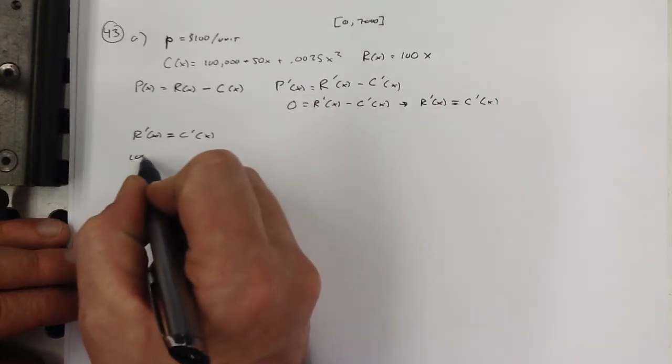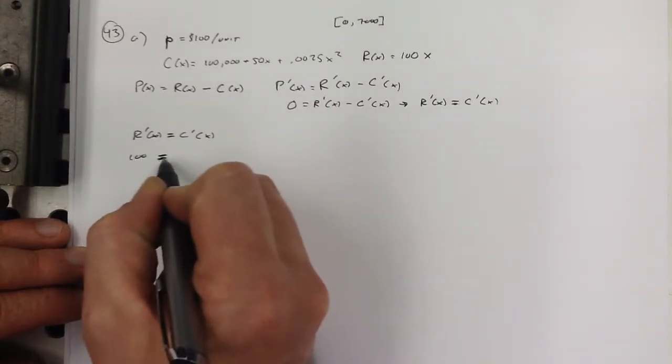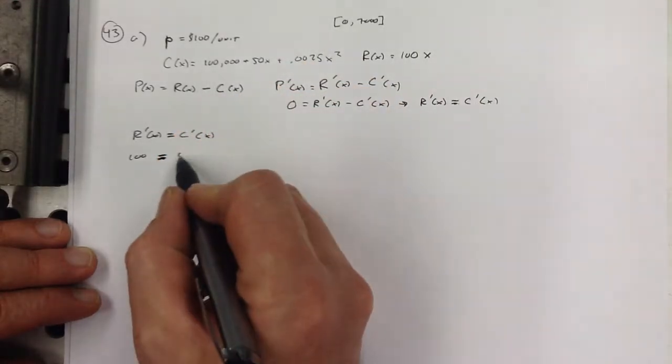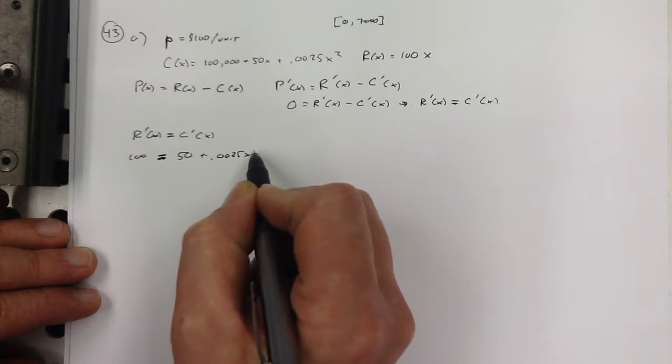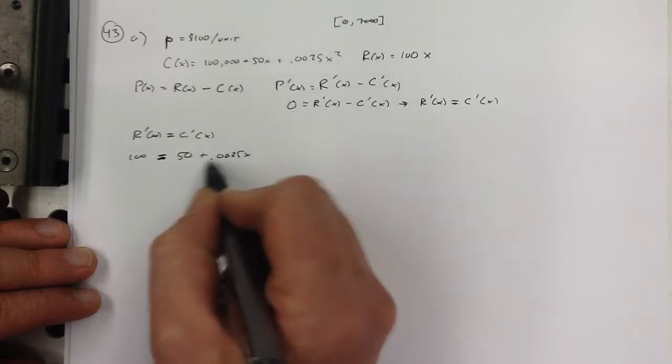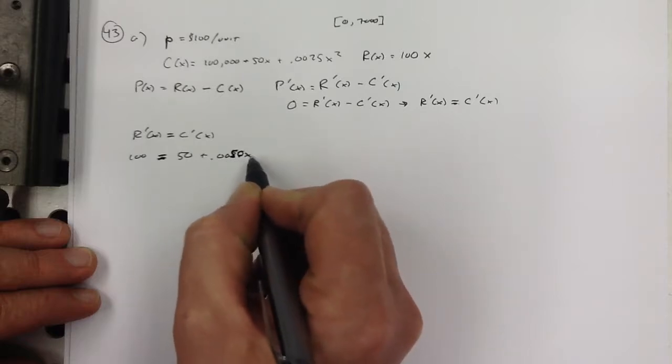Marginal revenue is 100. Marginal cost is 50 plus 0.005x.